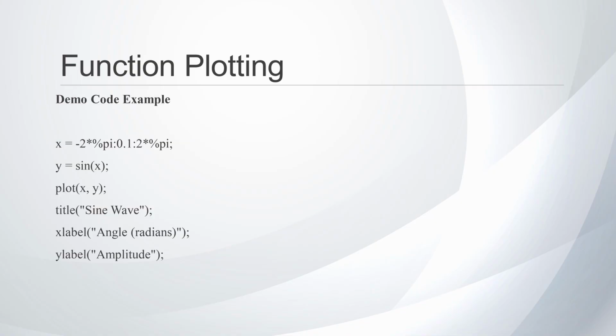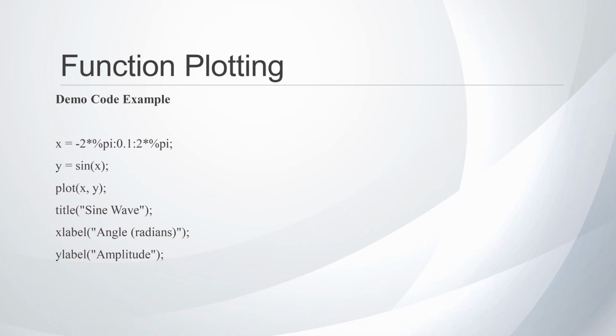Here is a simple example of plotting a sine wave in Scilab. First, we define x as values ranging from minus 2 pi to 2 pi with small steps of 0.2. Then we calculate y as the sine of x.